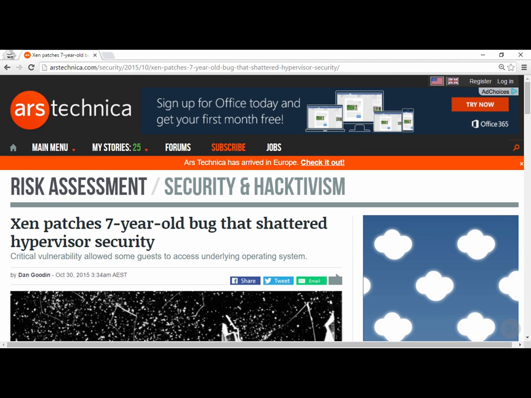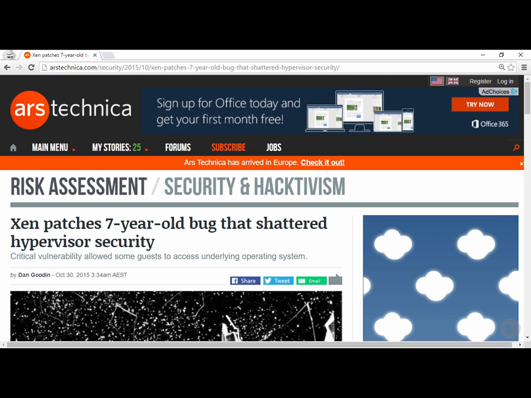The problem with this particular risk is that it provided the potential for an attacker to break out of that one logical machine sitting on top of the Xen hypervisor and access extremely sensitive parts of the underlying operating system. Now, fortunately, this was patched very quickly by Xen and rolled out very quickly to customers such as Amazon.